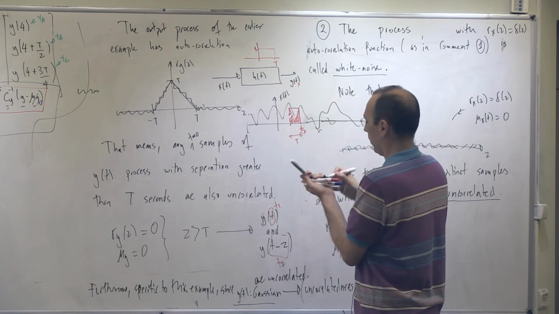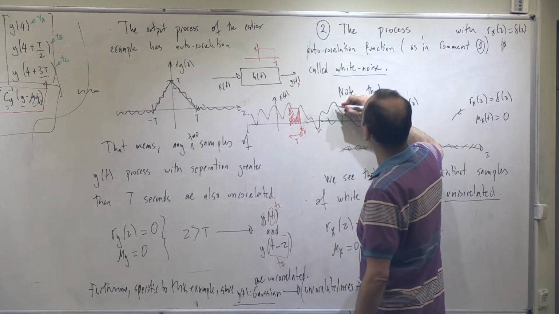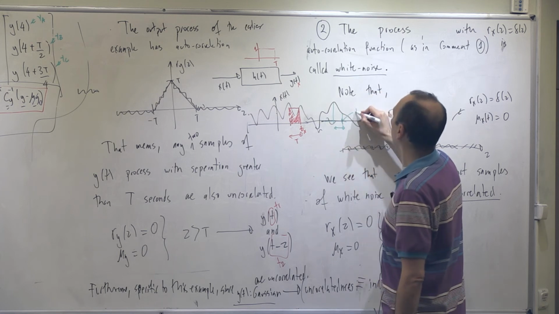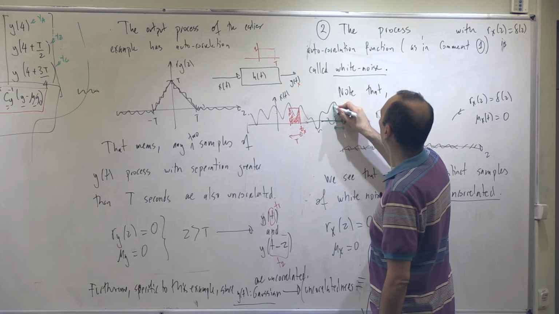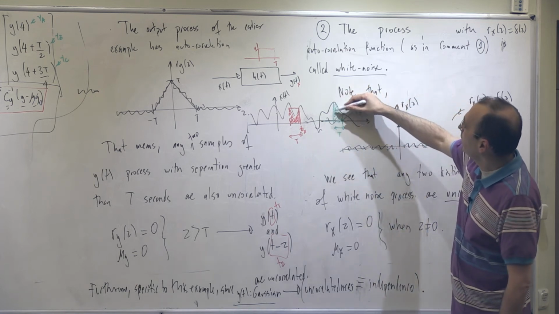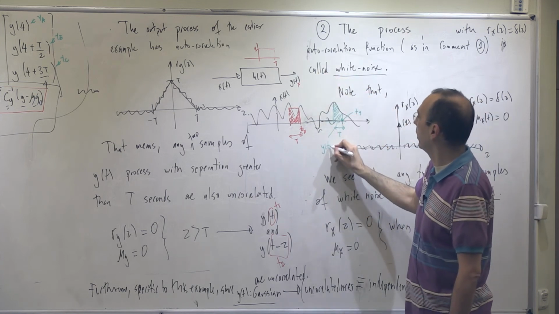If you check another time ty, ahead of this, this is another area calculation, and this area will be the output at time ty. So this is y of ty.